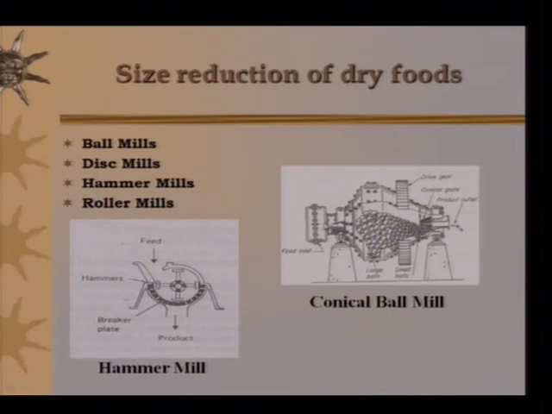Material gets crushed by the balls, and ultimately it becomes a fine material and comes out from this point. The whole machine is driven with the help of a motor and a drive gear attached to this motor. There are larger balls and smaller balls which do the operation.